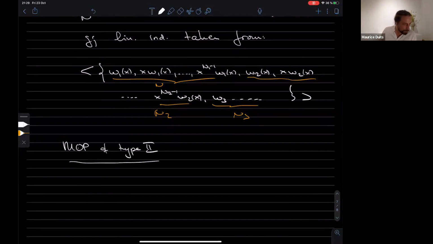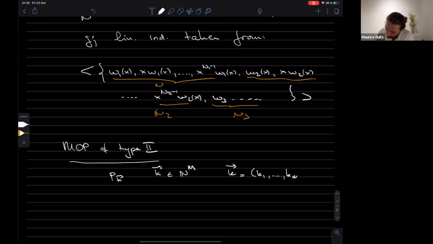So these are just polynomials that have an index n, but actually in this case, it's a vector of indices. So actually, I want to call it k. So it's a vector k, and k here is in N to the m. So k basically has components k1 to km.